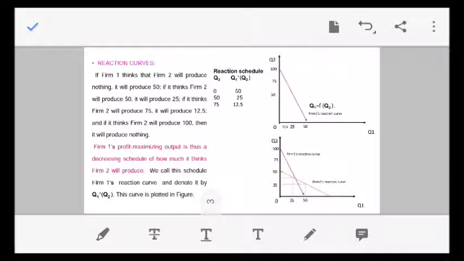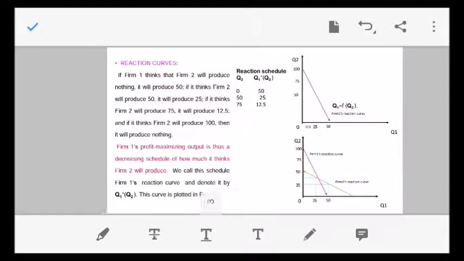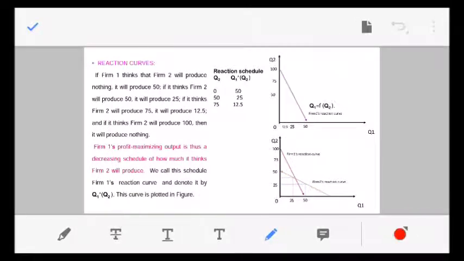So it is the relation between the expected output and the given firm 2 output. If firm 2's output is given, then what is the expected output? This shows the expected output produced by firm 1 given firm 2's quantity.